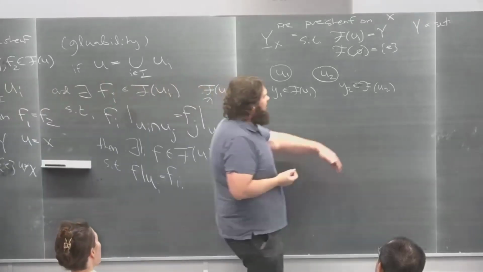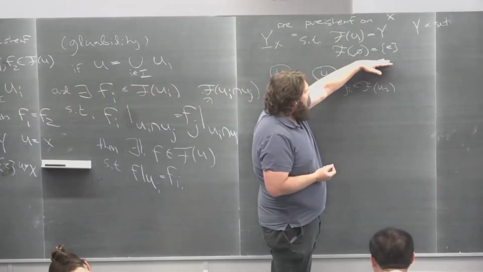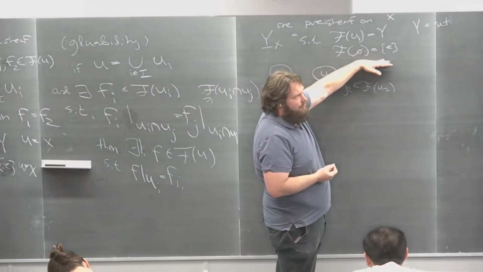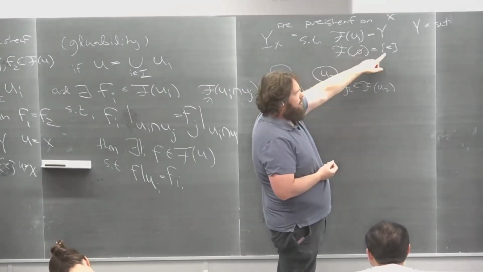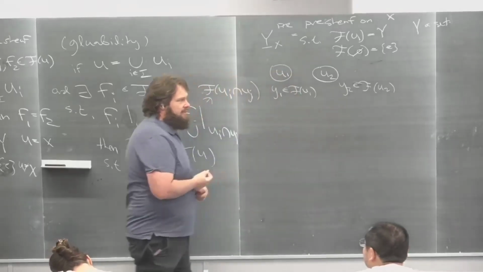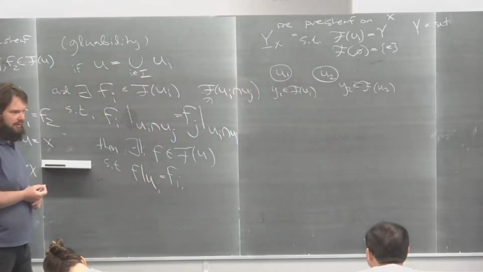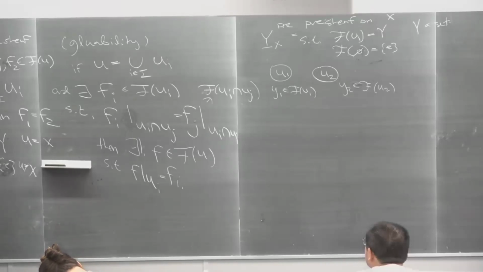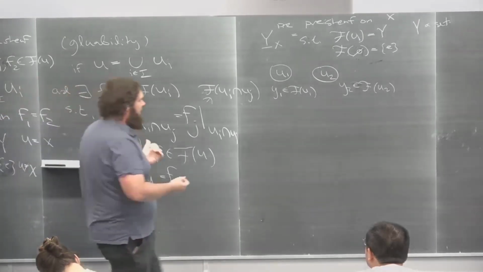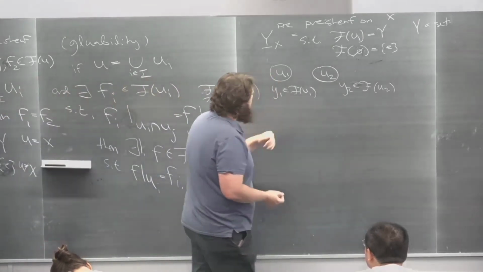So I should say here, from any guy, I have a restriction functor to the empty set. So the natural thing to put for the empty set is the terminal object in your category. And I think we were having a discussion about whether you want to require that for pre-sheaves or not. But we definitely want to require that for sheaves. That'll be kind of forced on us by the sheaf properties.